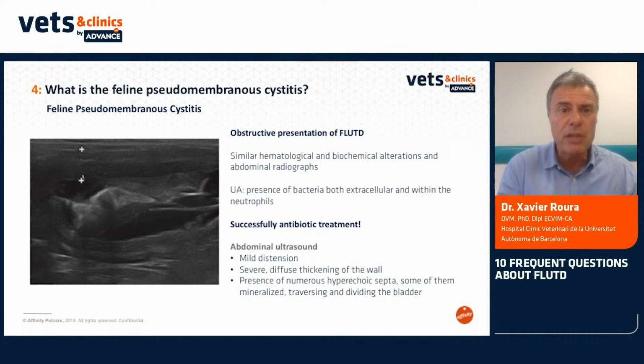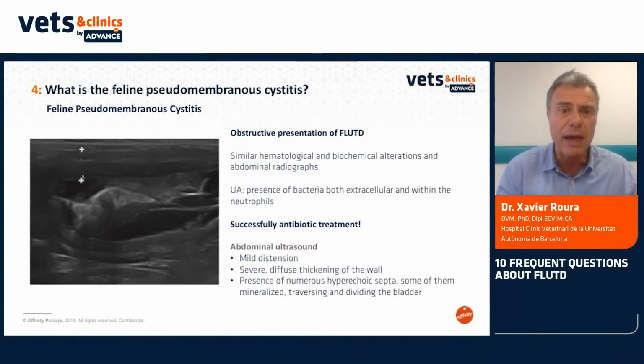So general mild distension of the bladder and severe increase with diffuse areas of the wall of the bladder, and finally this pathognomonic presentation of ultrasound lesions that we can describe.